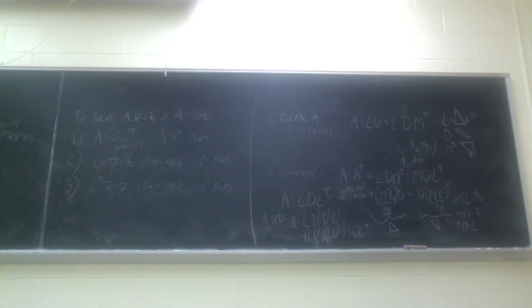Now, if A is symmetric but not positive definite, LDLT can still exist. You might have a case where D is a diagonal matrix that does not have all positive entries. Some could be negative. If any is 0, then you're in trouble because it's singular, so you wouldn't be able to solve a system that way.